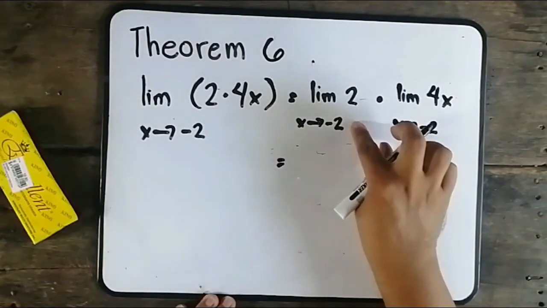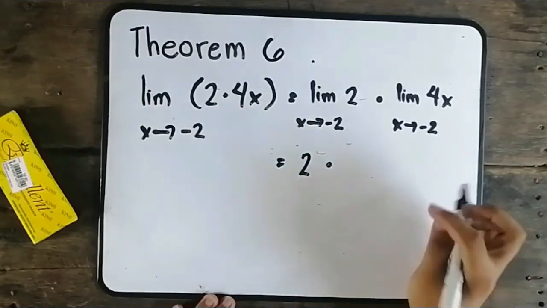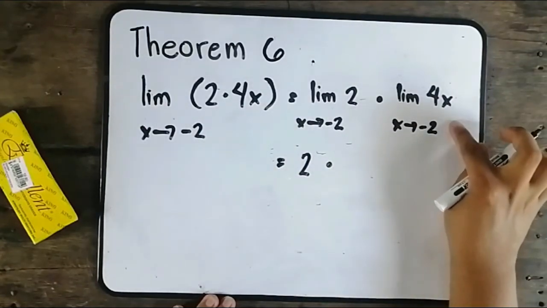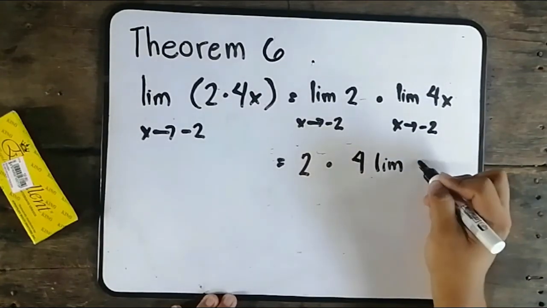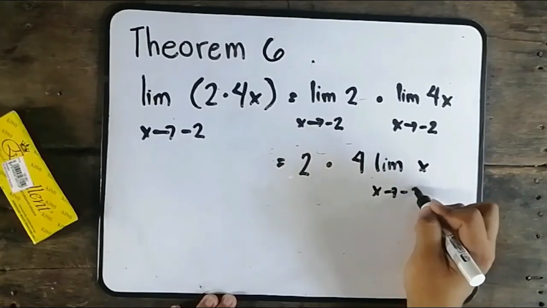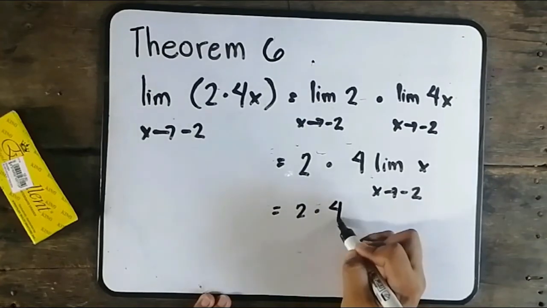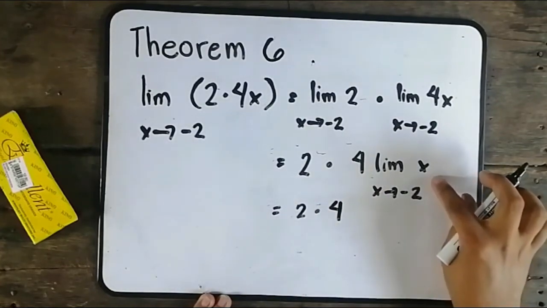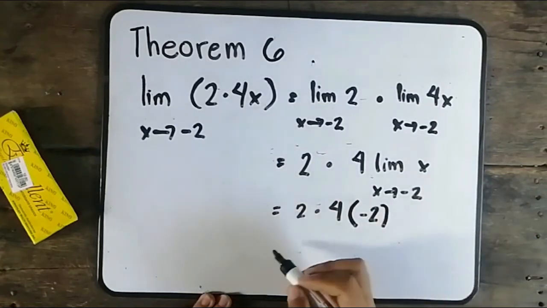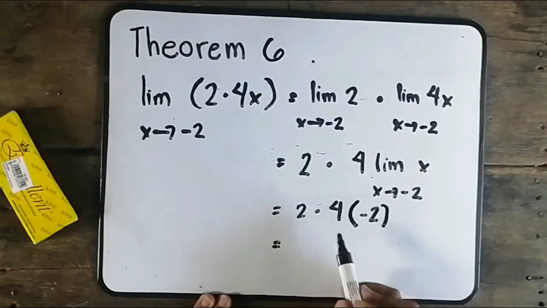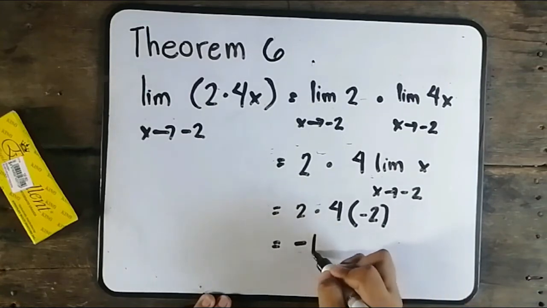So, ito, limit lang to ng constant. So, we have 2 times, ito, by limit theorem number 4. Pwedeng ilabas si 4 times the limit of x as x approaches negative 2. Then, we have 2 times 4. Anong limit to? This is just equal to negative 2 by theorem number 3. Okay? So, we have 2 times 4 times negative 2, that is negative 16.